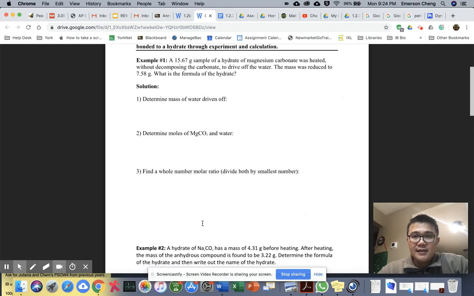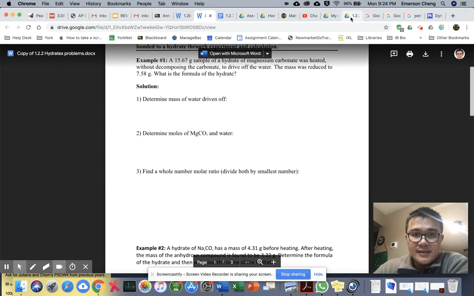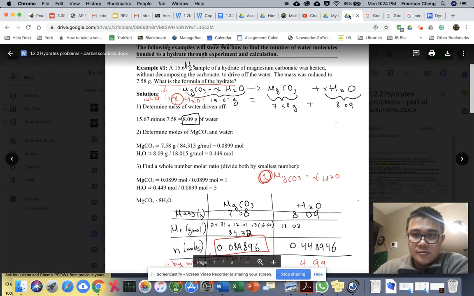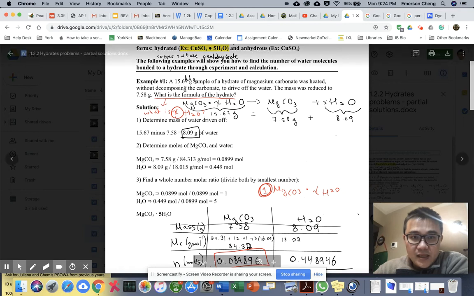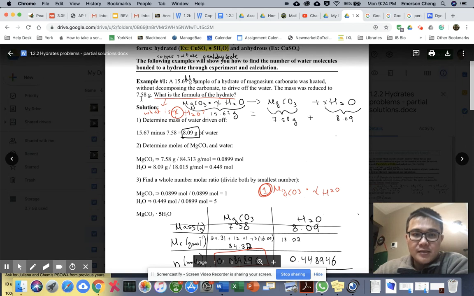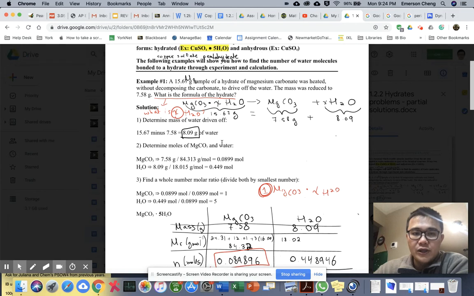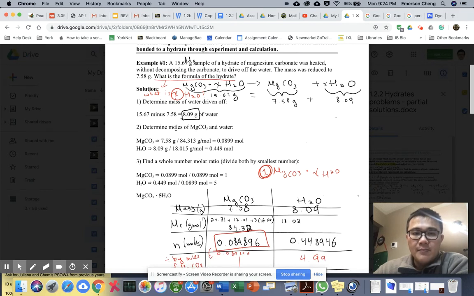Now there is a worked example, which I've gone over in class before. You take the initial mass minus the final mass. That should give you the mass of water. You figure out the moles of MgCO3 and water.